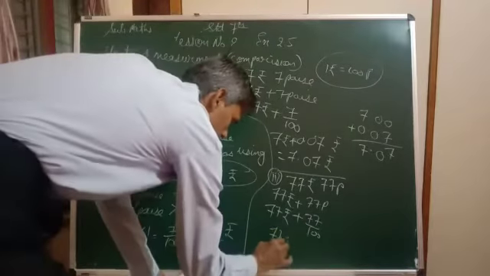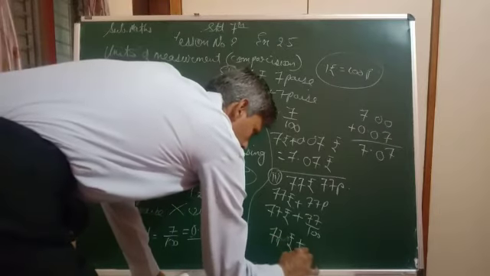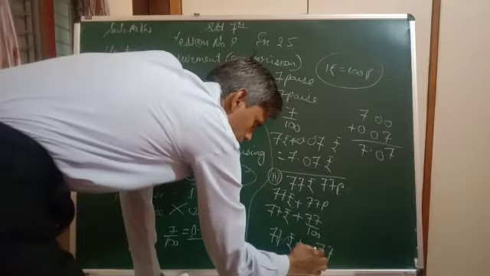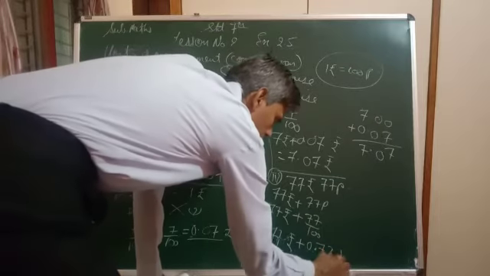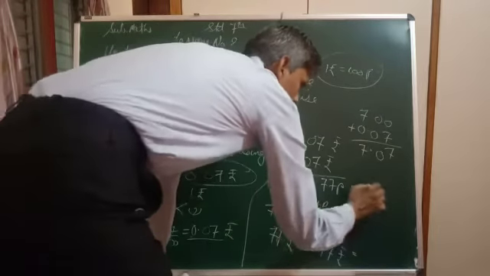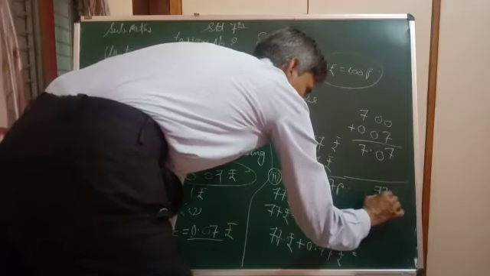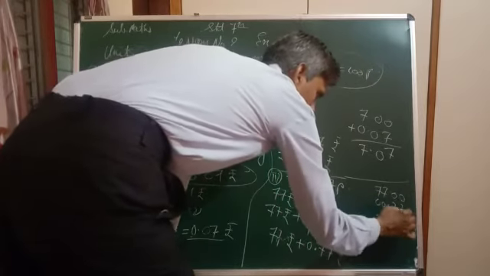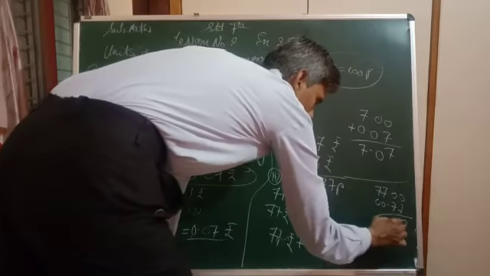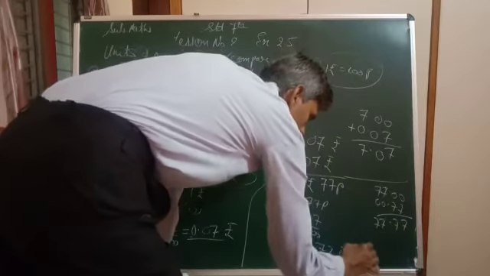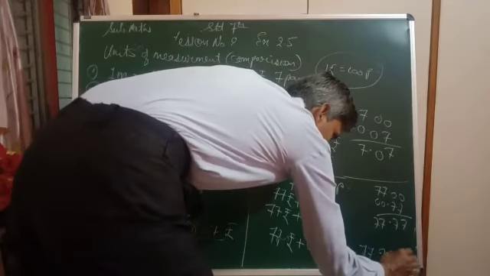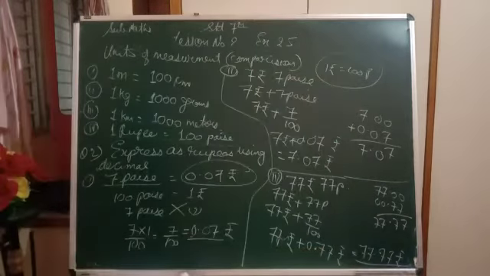So 77 rupees plus 0.77. Now you can add: 77.00 plus 0.77. 7 plus 0 is 7, 7 plus 0 is 7, decimal point, 7 plus 0 is 7, and 7. So the answer is 77.77 rupees.